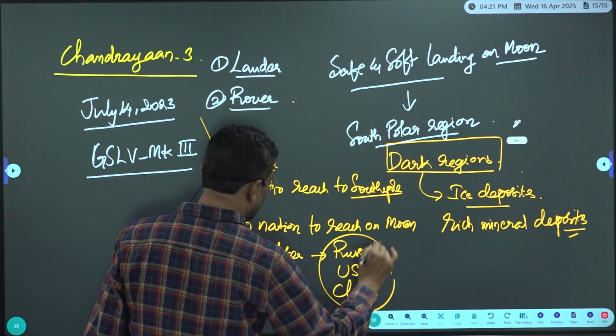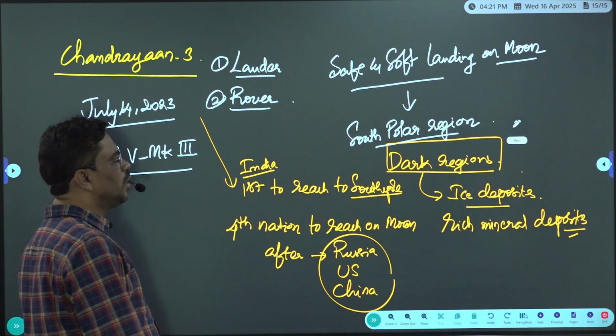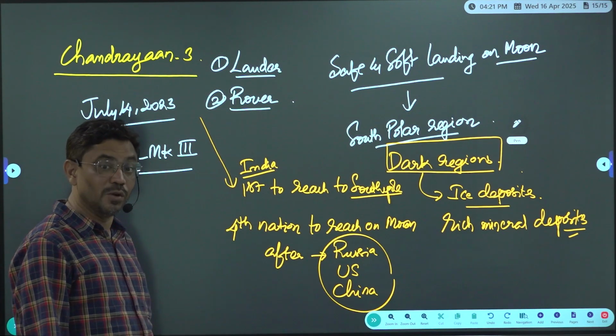But India became the first nation to reach the South Polar region, but the fourth nation to reach the moon.